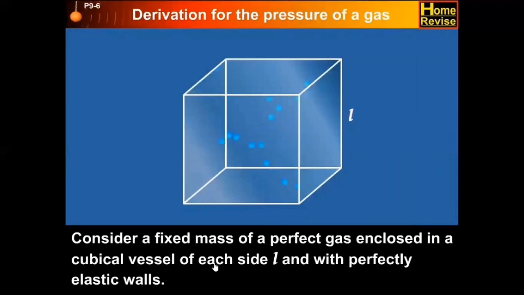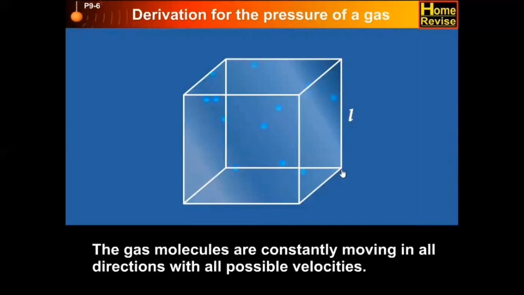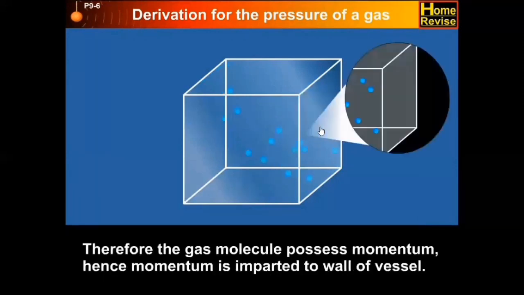Each side is L: length is L, breadth is L, and height is also L. So its area is length times breadth, A is equal to L squared, and the volume must be length times breadth times height. So it's L cubed, V is equal to L cubed.